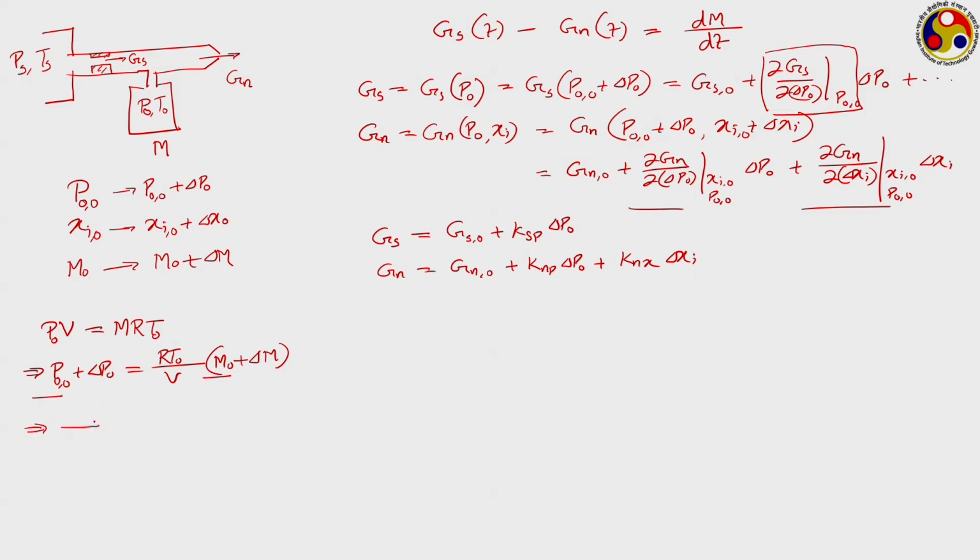So by differentiating with respect to time, we have d dt of delta P0 equal to R T0 by V into d dt of delta M. Here R is the gas constant of the corresponding gas that you are using, V is the volume of the tank which is constant, and temperature T0 can also be taken to be constant because there is hardly any change in the temperature in the measurement chamber.